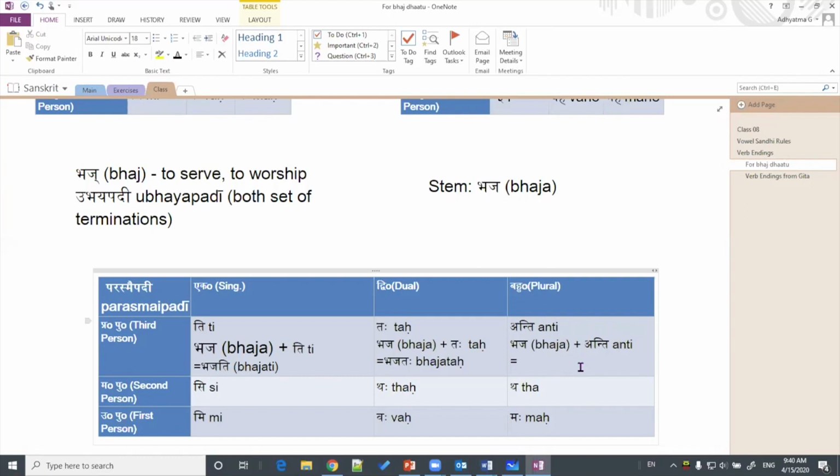We study how to make these forms, how to make the stems, and what all exceptions are there.